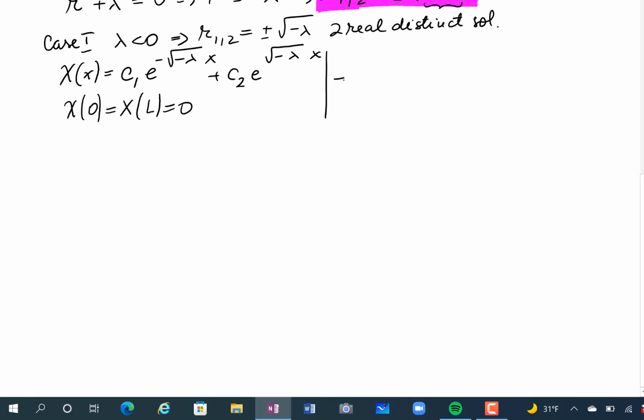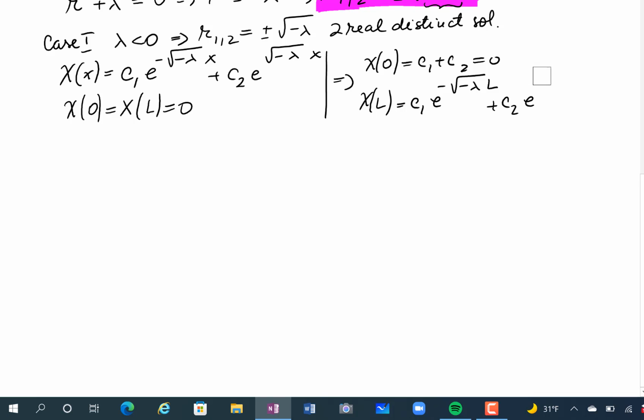So if we replace them in this equation, we get X(0), it's actually C1 plus C2, and equals 0. X(L) is C1 e to the negative square root of negative lambda L plus C2 e to the square root of negative lambda L equals 0.